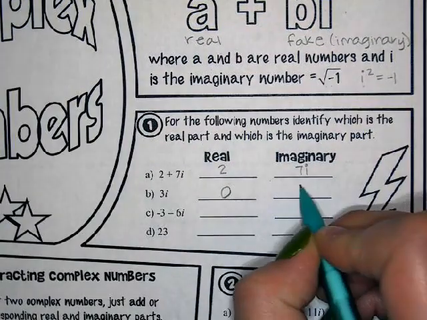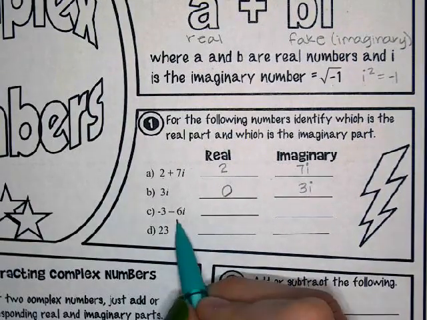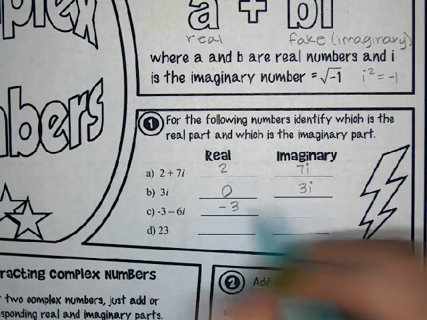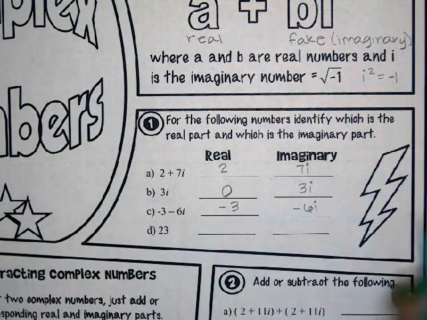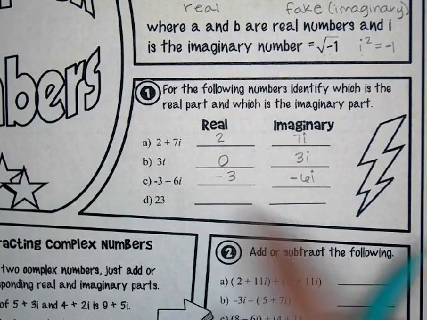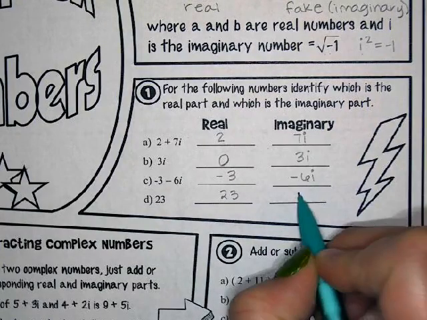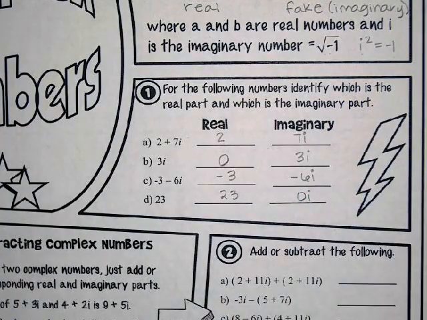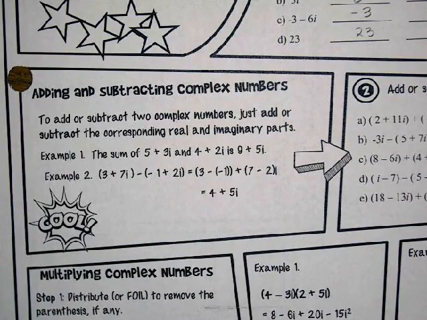And the imaginary portion is 3i. What's the real portion for the next problem? -3, and the imaginary portion is? -6i. Okay, and then for the last one, what's the real portion? 23, and what's the imaginary portion? 0i. Perfect.